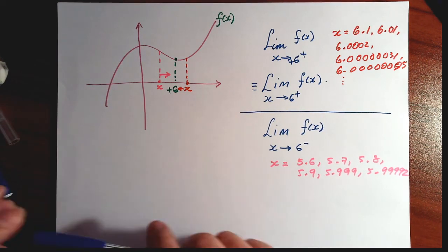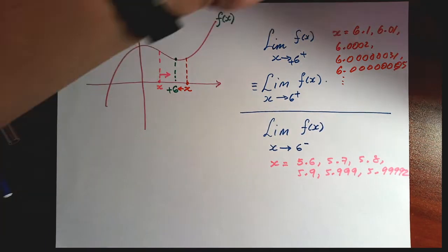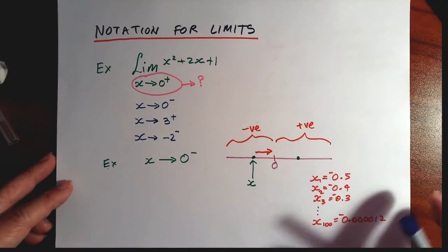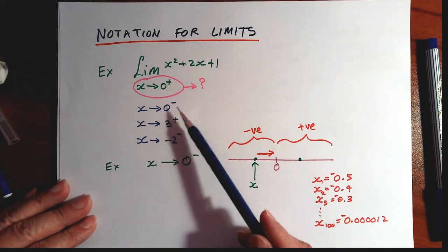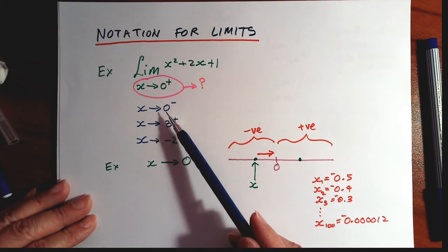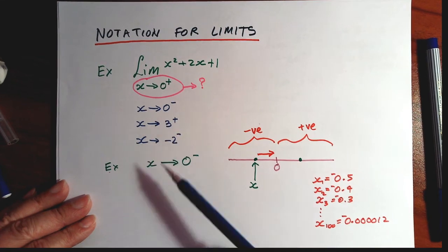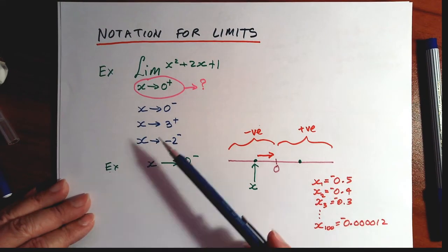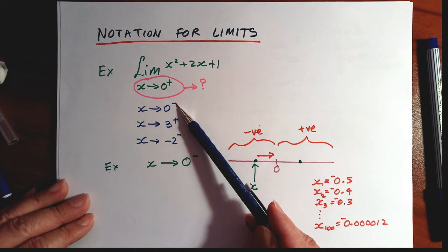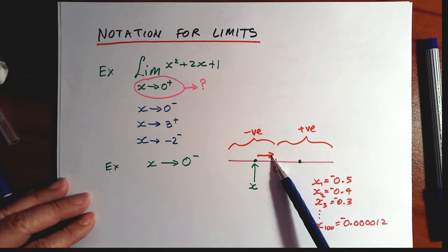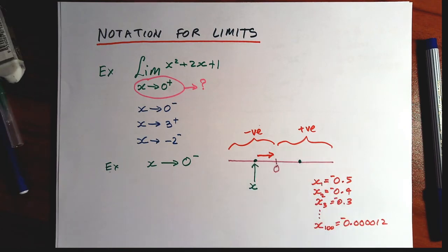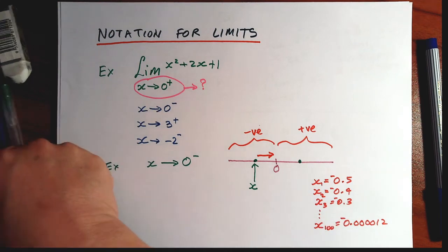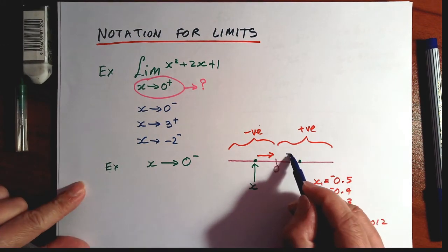So in summary, we have the two notations. X approaches any number, whether the number is positive or negative or 0, and x will approach the number either from the negative, which means from a smaller value going towards it, or from a larger value going towards it in this direction.